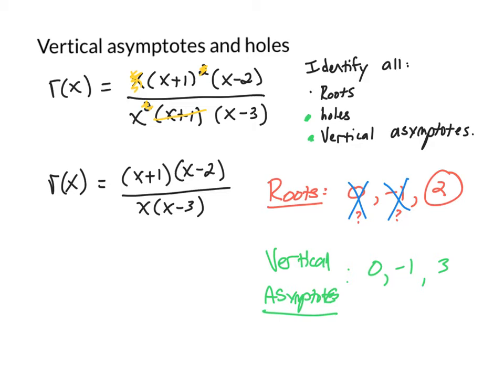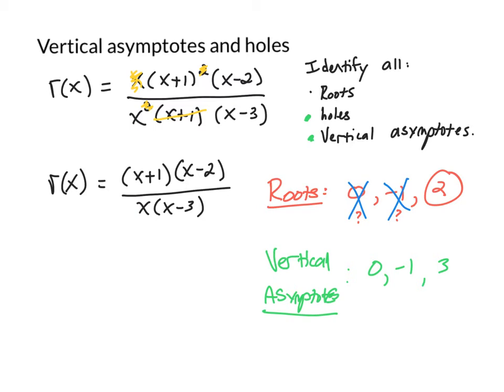Okay. So we had some candidates for vertical asymptotes. We wanted to check 0, -1, and 3. Once I'm in my reduced form, I just have to check: are these still zeros in my denominator? My candidate 0, does its factor still appear down here in my denominator? Turns out it does.